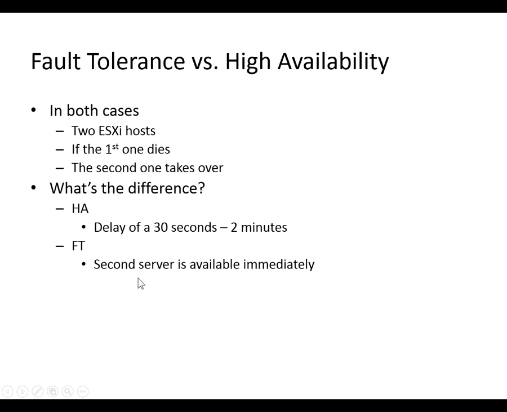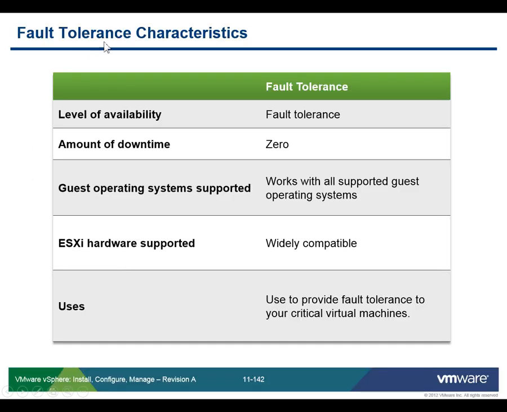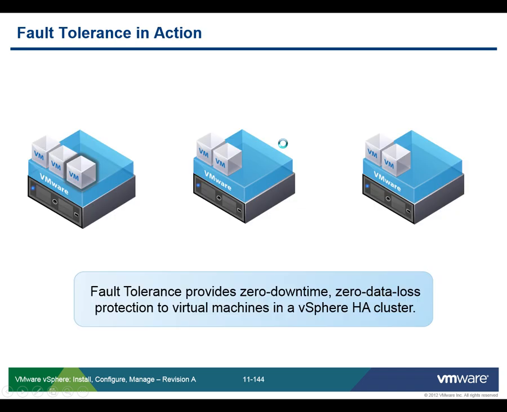Of course, nothing is free. For that to be so, you must have the virtual machine running on another ESXi host. If we look at fault-tolerant characteristics, we can see that the amount of downtime when we use fault tolerance is 0.